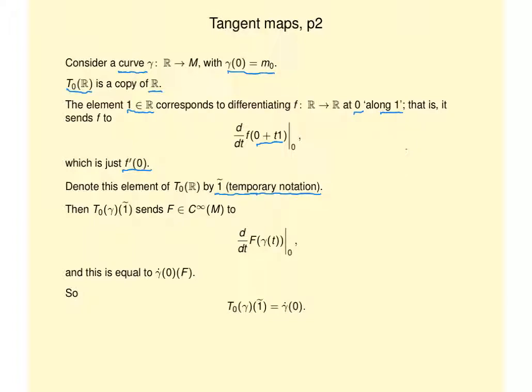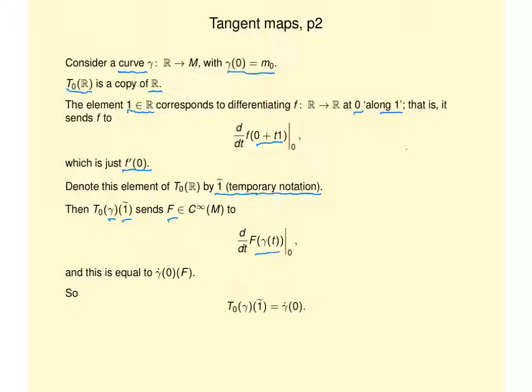The point is that taking the curve gamma and applying T0 to it at the tangent vector 1 tilde 1, sends capital F, a smooth function on M, to d dt of f of gamma t.